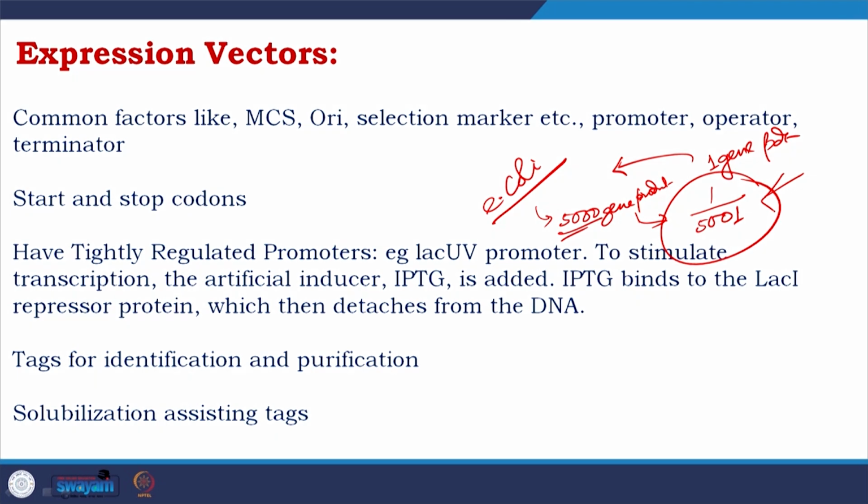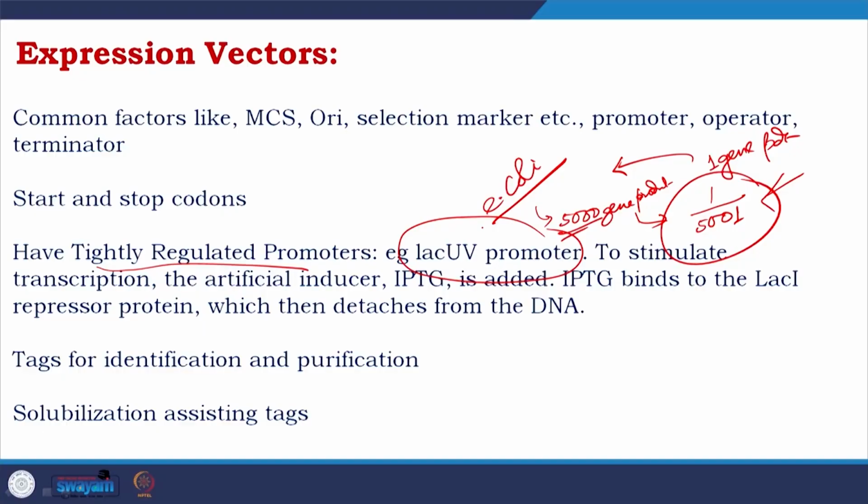This something is the induction, where you generally use the lac UV5 promoter to stimulate transcription. The artificial inducer IPTG is a stable molecule which mimics galactose. So, now this will be a non-breakable compound.